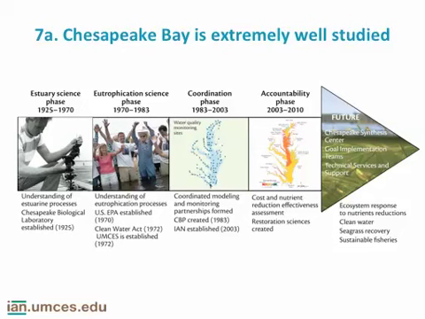And then a coordination phase where the Bay program set up a water quality monitoring program, and there was a large modeling effort. And now we've gone through this accountability phase with report cards and assessments, and it's all going into a future phase, which we're going to be talking more about with regards to emerging issues.